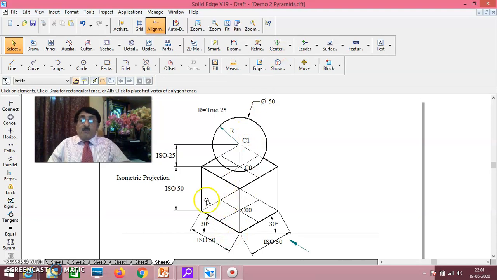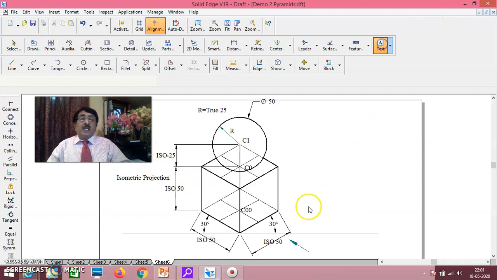Since left view is predominantly seen, left view only you have to draw on right profile plane. I can give some in the next chapter. No, they'll give the same problem. Instead of giving front view direction this way, they'll give it the other way. In that case, when you look from this direction, front view, top view, since right view is predominantly seen, right view on left profile plane you have to draw.